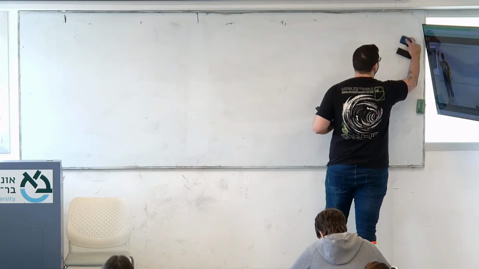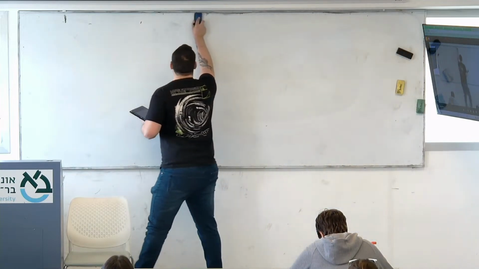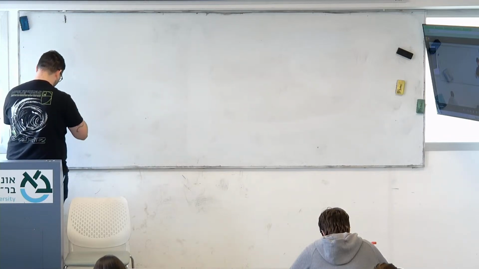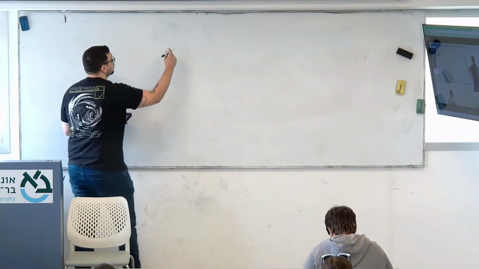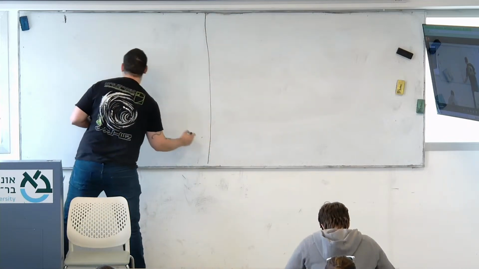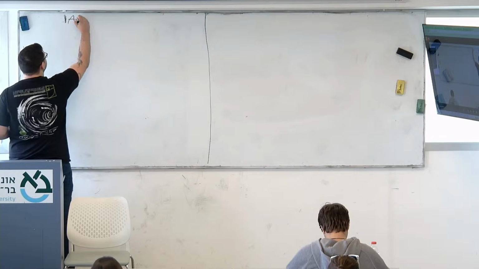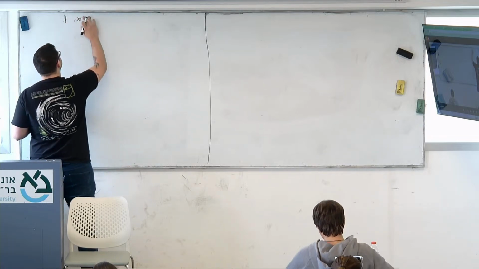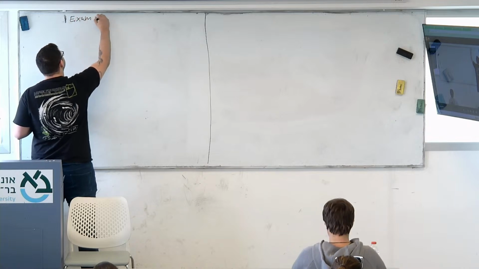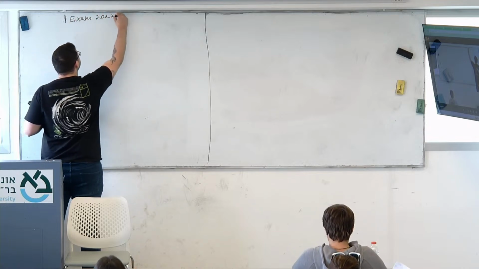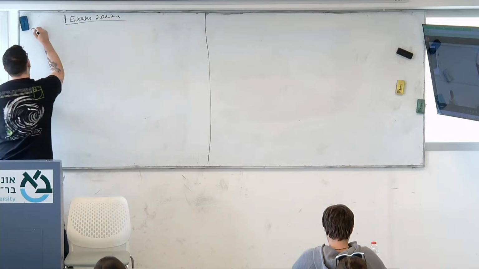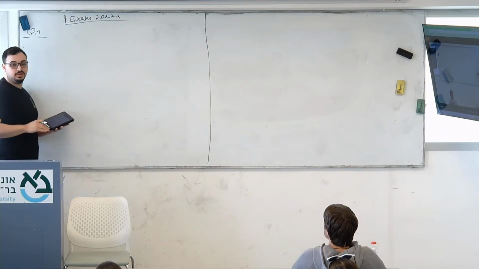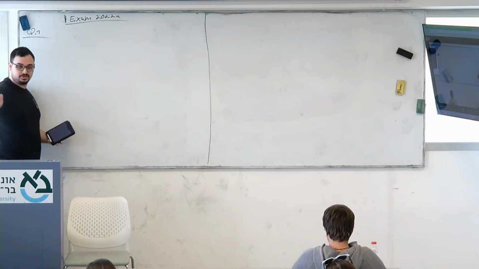So we start with the 22A, question 1. Q1 is always Euler-Lagrange.